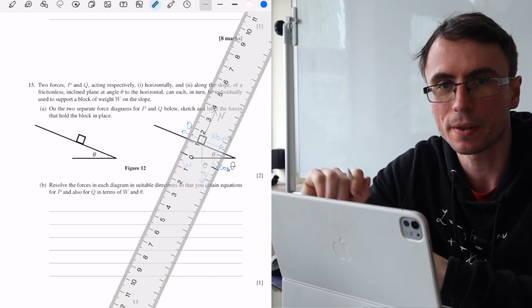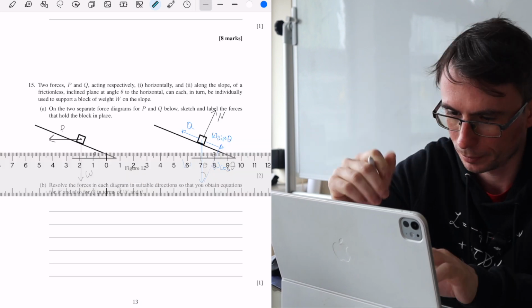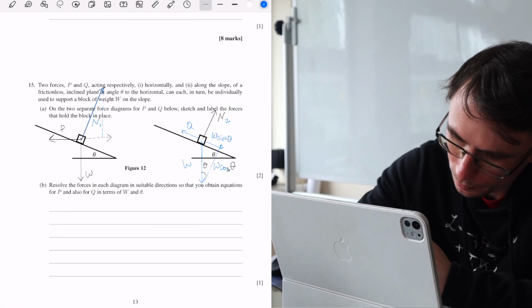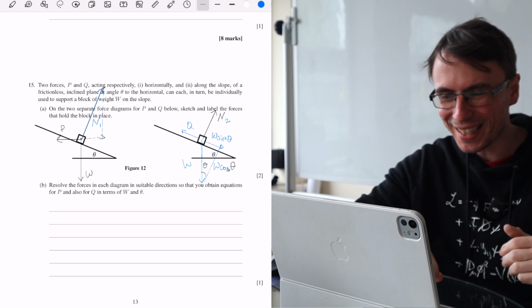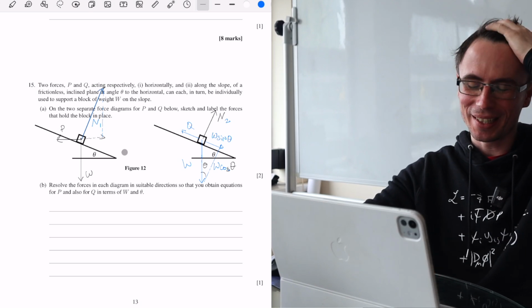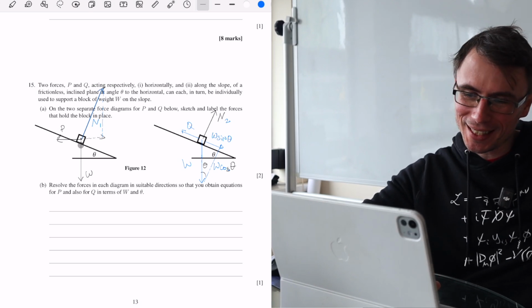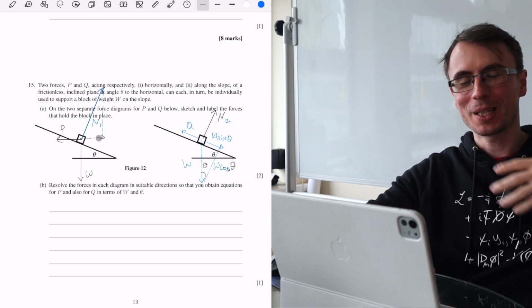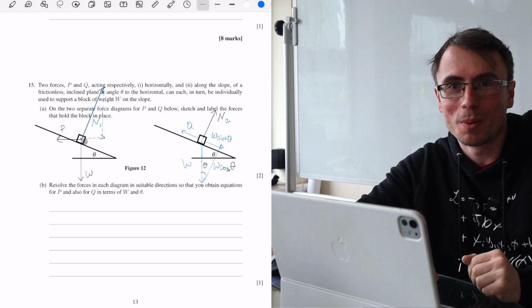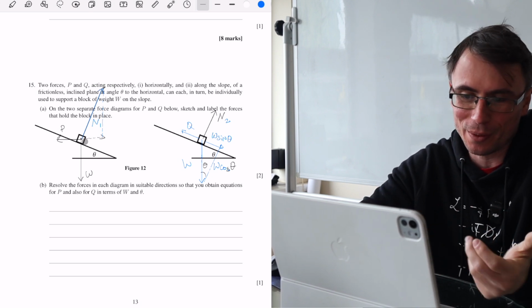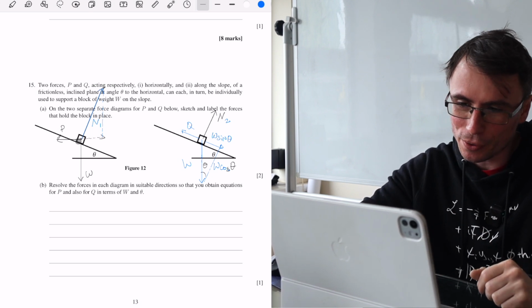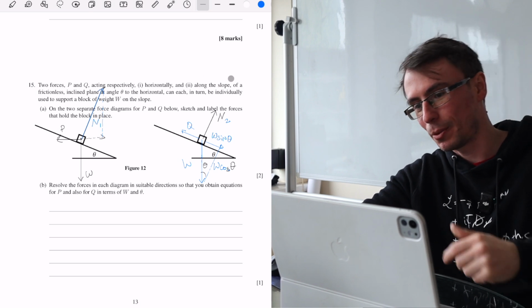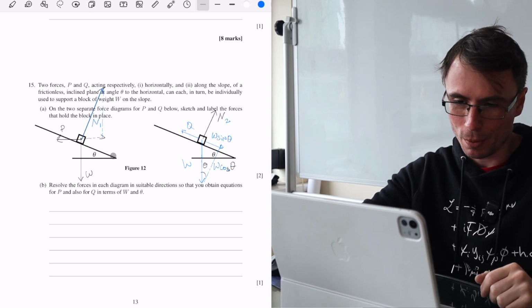So let's draw this. Now, I've extended this diagram actually into the question, but I just wanted to show that if that's the case, well, the horizontal force P has to be supported by the horizontal component of the normal reaction, because that's the only other force that has a horizontal component. So I've labeled this one N1, I've labeled the other one N2.